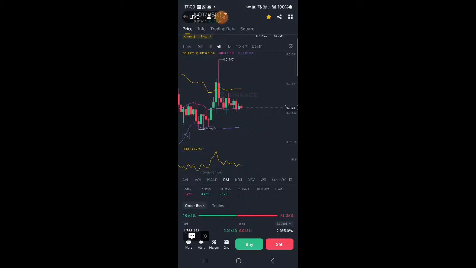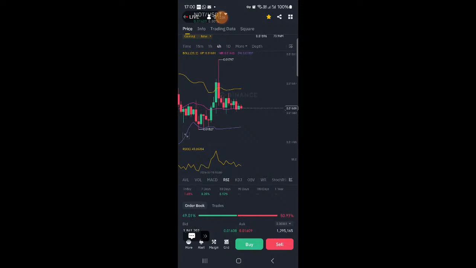The market is right at the middle. Now it signifies the market is ranging or moving sideways, and it is a period of indecision. According to these indicators, the market is at a period of indecision.